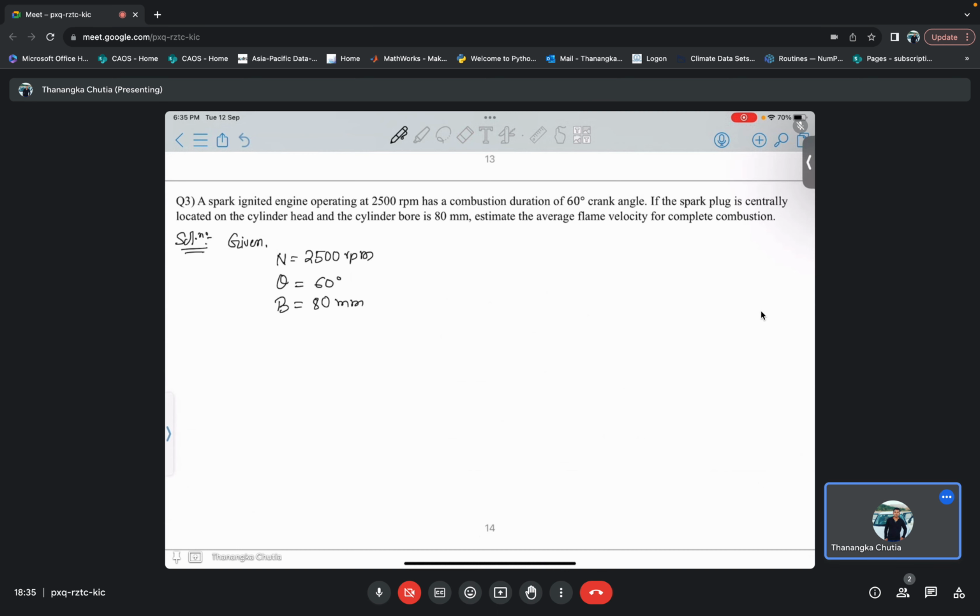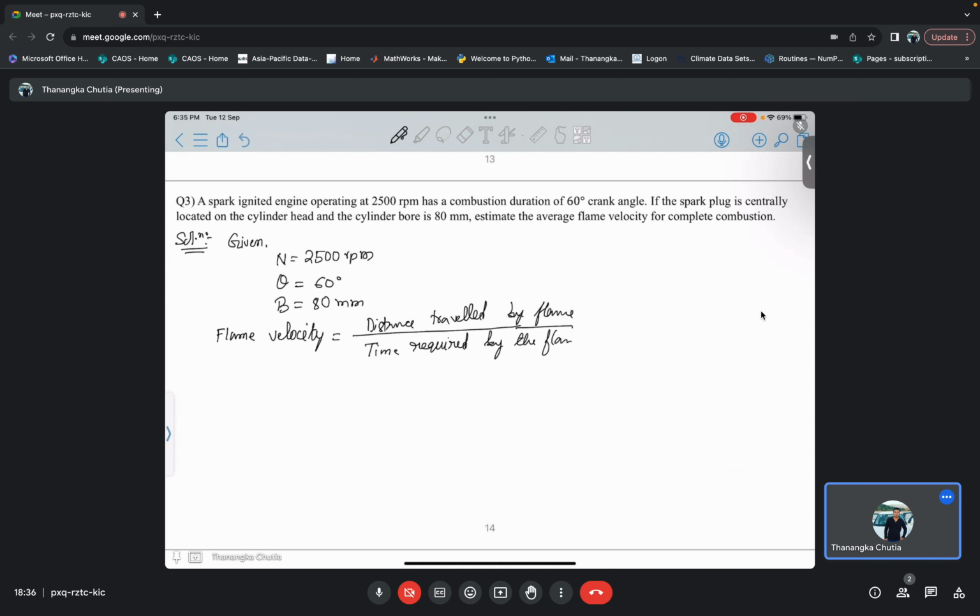So flame velocity is equal to the distance traveled by flame divided by the time required by the flame.